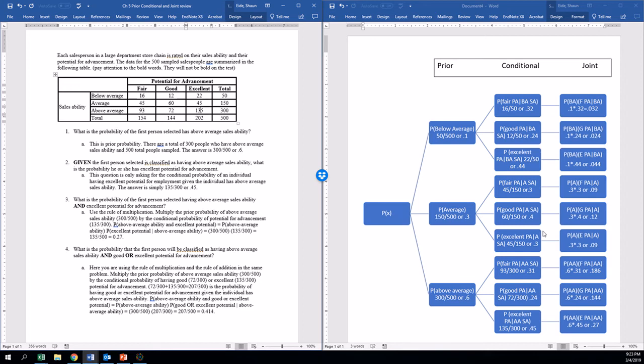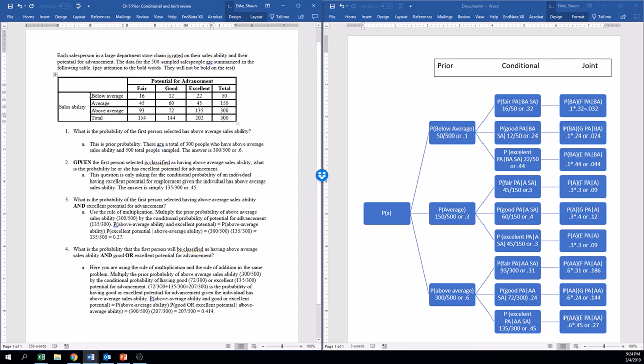If I were to say, what is the probability of an individual having average sales ability and excellent potential for advancement, then I could just do 45 divided by 500. Or below average sales ability and fair potential for advancement, I could just do 16 divided by 500.